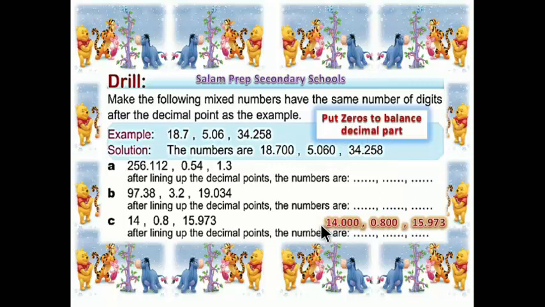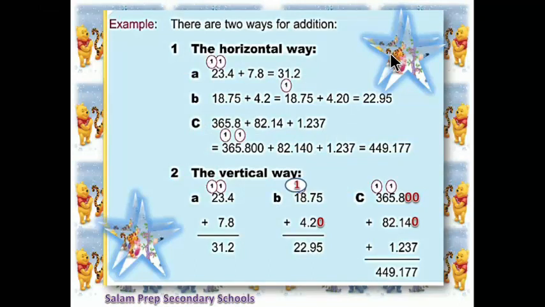Like this: 14.000, 0.800, 15.973. Now we will solve examples to understand the addition operation.